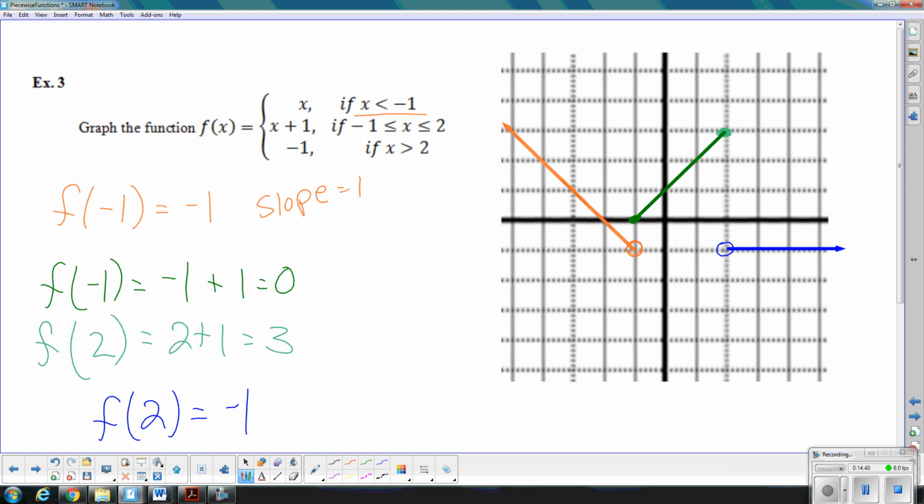And again, that is included in that graph. And then lastly, f of 2 equals -1. Does not include 2, but your y is always going to be -1. So it does not include 2, so we used a circle here. But going forward, anything greater than 2, y is going to be 1.